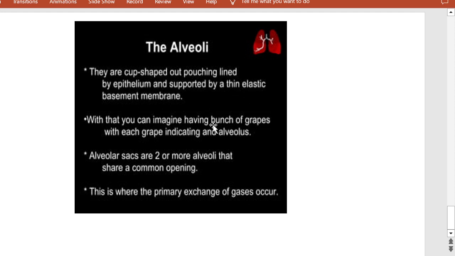You can imagine a bunch of grapes with each grape indicating an alveolus. Alveolar sacs are two or more alveoli that share a common opening, and these common openings are attached to the bronchioles. This is where the primary exchange of gases occurs.